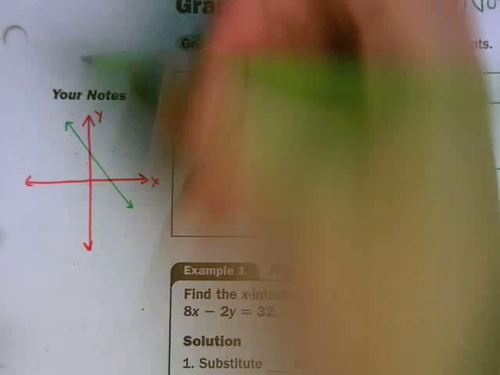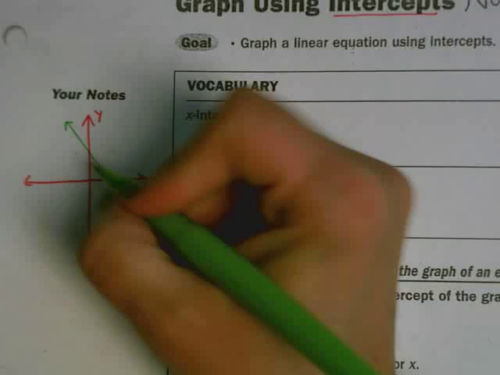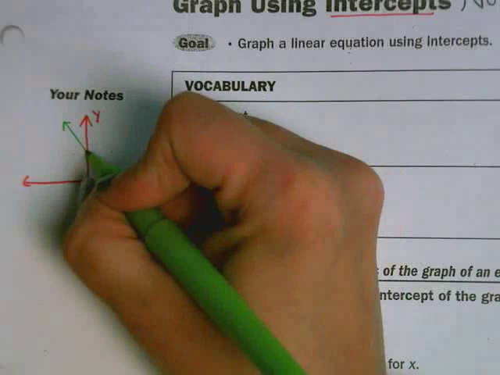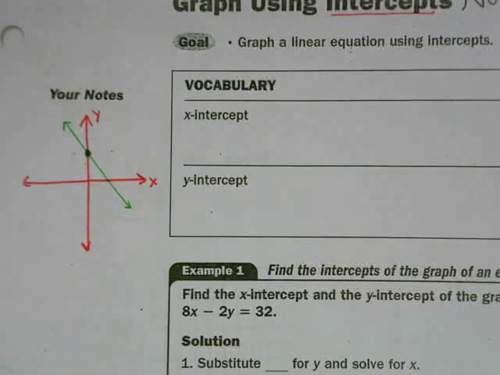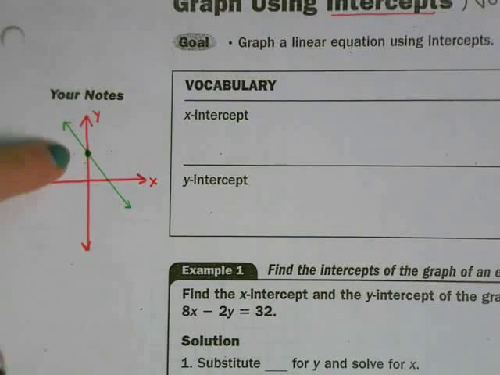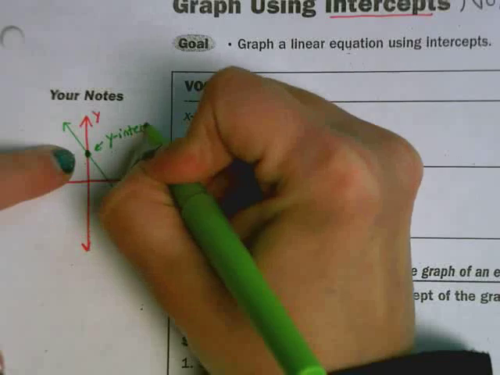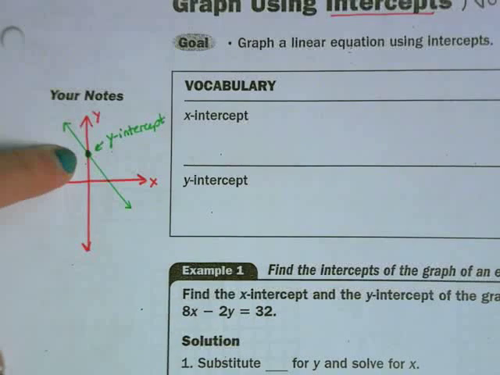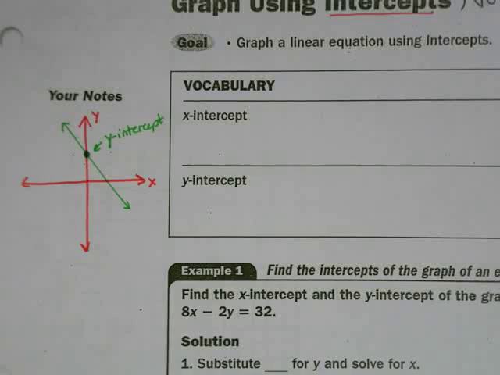If we have a line really in any direction, it is going to hit the y-axis at some point. Right here. That's where it hits the y-axis, so we call this the y-intercept. It's where it intercepts the y-axis, kind of intersects it.